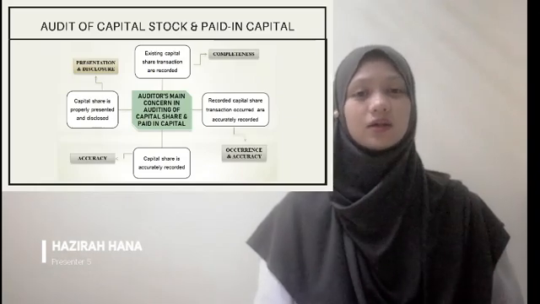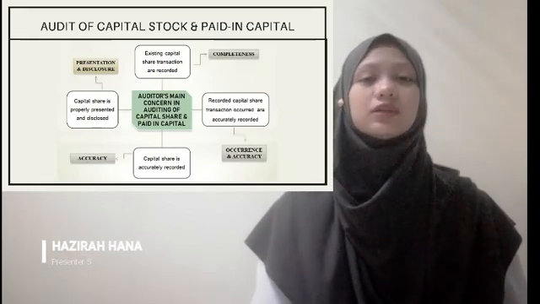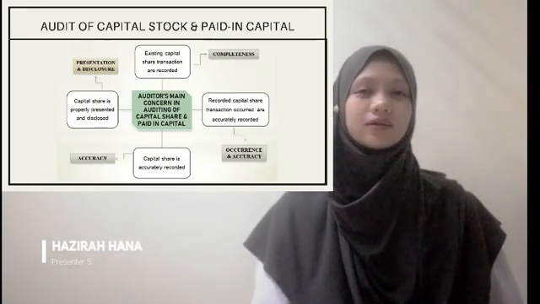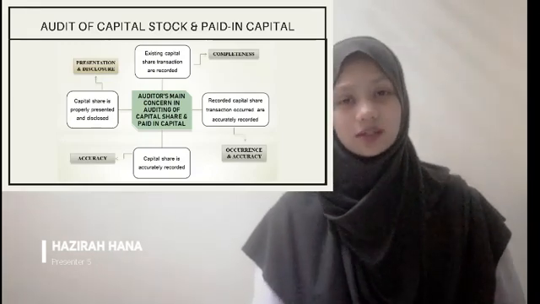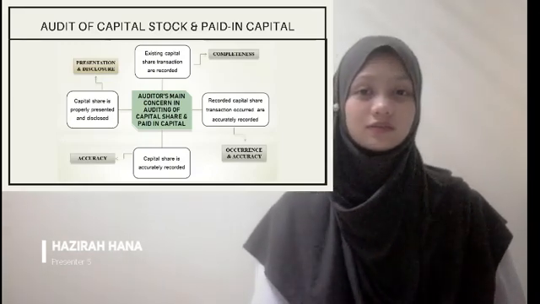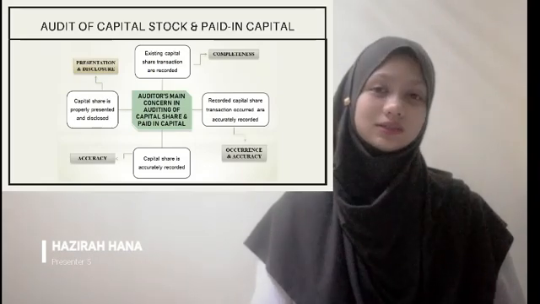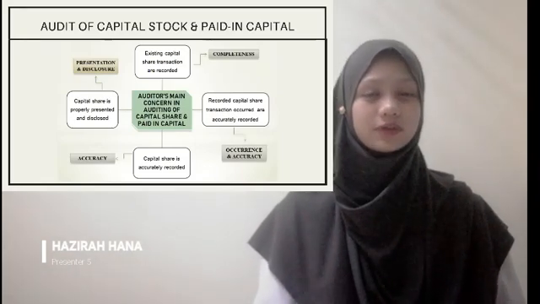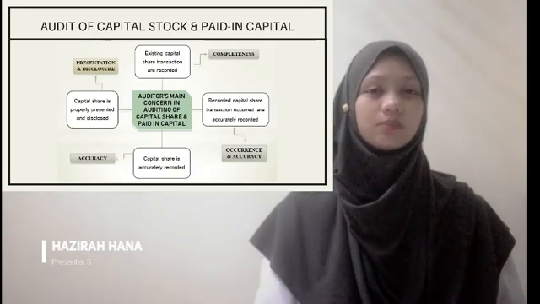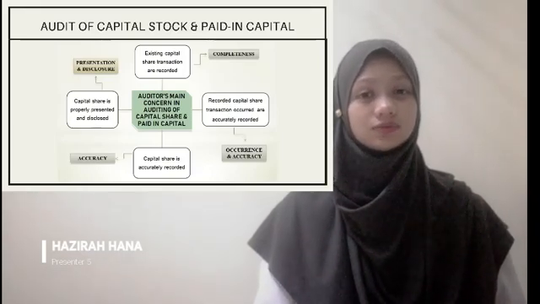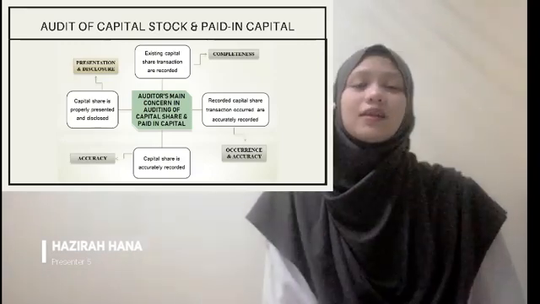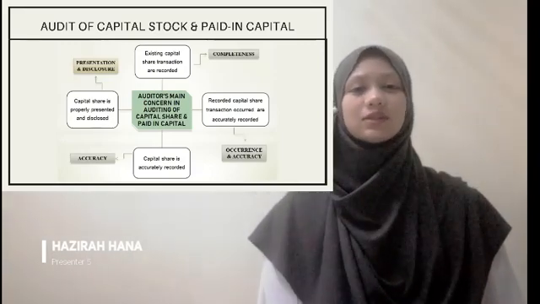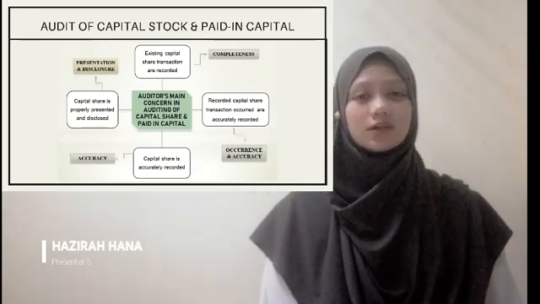In addition, the auditor has to verify whether the correct amount is credited to the capital shares account and the paid-in capital in excess of par by referring to the corporate charter to determine the par or stated value of the capital shares.